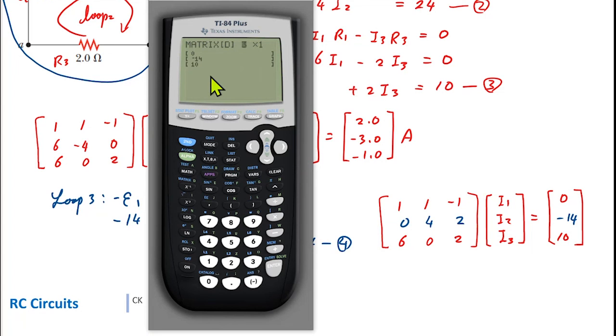Good? Now, quit. So if you do matrix C, inverse, oh, which was inverse again? That one, right? Yeah. And then this thing and D gives you exactly the same answer.